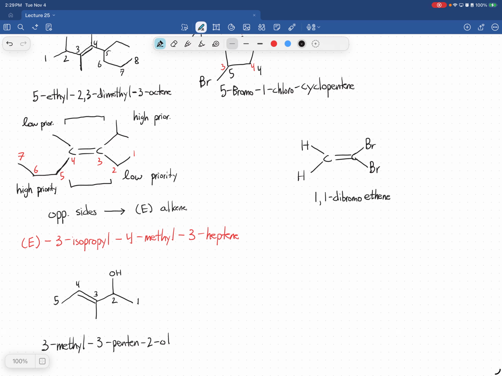All right. So let's do one more alkene example. Another cyclohexene. You might be wondering, is it E or Z?